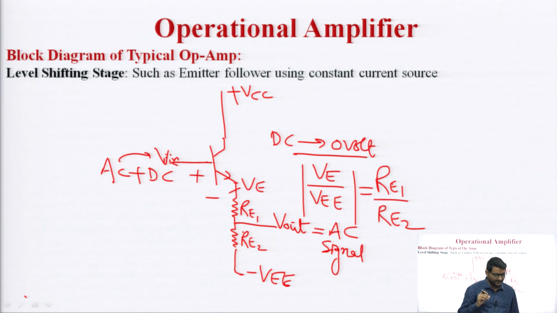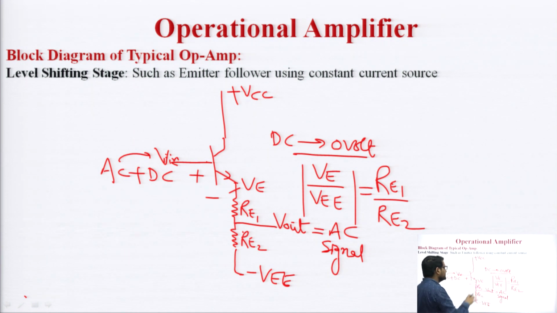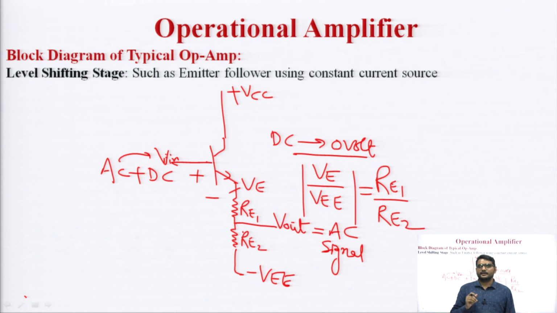Here we could use a capacitor also for level shifting. For example, a clamper circuit is used as a level shifter, but we cannot use a capacitor as a level shifter in the internal structure of IC 741, because a microfarad, a high value of capacitor, is very difficult to fabricate on a silicon chip.